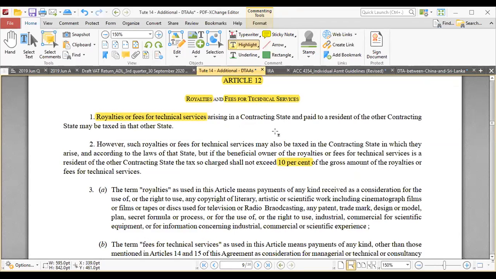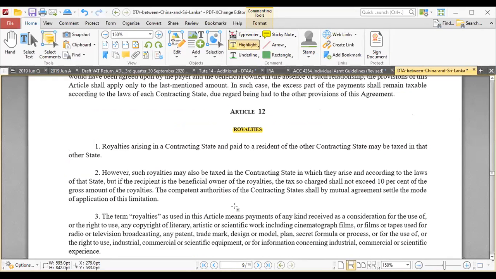The IRA Act says 14% for royalty, and the technical service fee is also 14%. But the DTA says a lower rate, so we can apply that one. Compared with China, they don't have a separate article, but for royalties we can go with 10%.